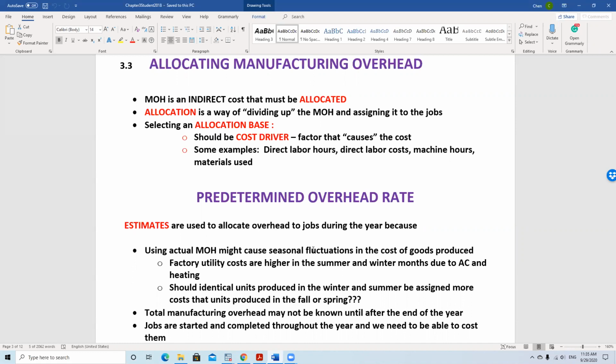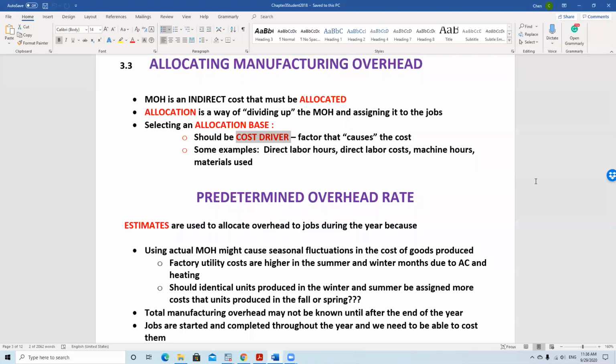And then we have to select an allocation base. And this allocation base must be a cost driver. It is a factor that causes the cost. And sometimes we have some examples here, like direct labor hours, direct labor cost, machine hours, materials used. It depends on the job and depends on your production plan, production lines.